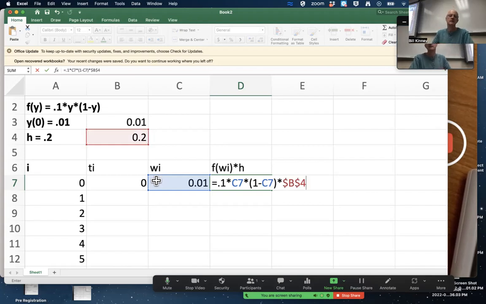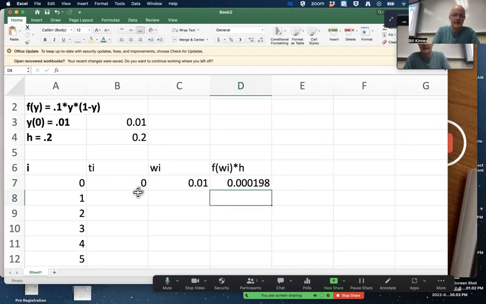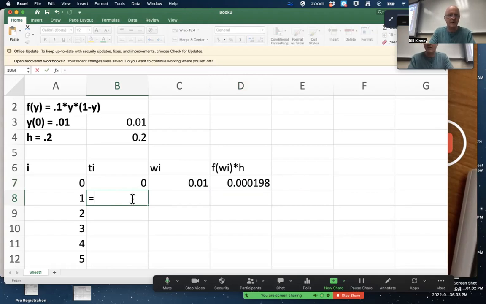Does that look good? 0.1 times the C7, which is the value of W. That's what's going into the function. B4 is the h, which gets multiplied on the outside with a $ sign. For this one, it would be Ti plus h, which is in cell B4, use $ signs. So Ti is going to go up by 0.2 every time.